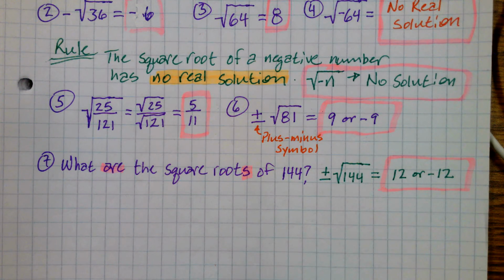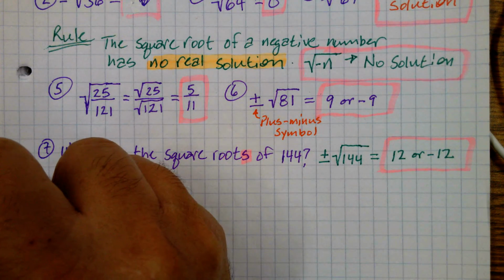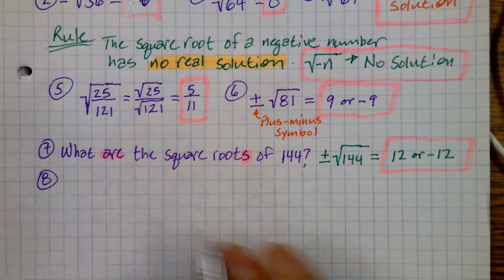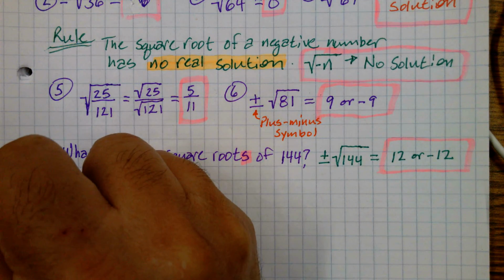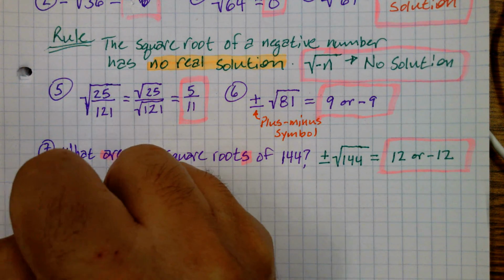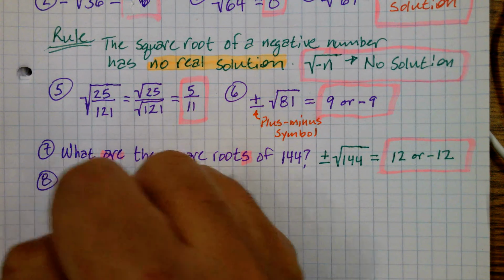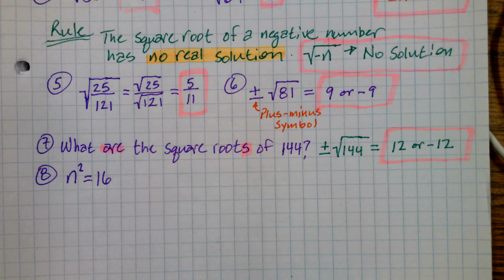Okay. The other possibility is if this is in an equation form. If you're asked to answer an equation like this. Some number squared equals 16. If they ask you to solve an equation, when we solve an equation, we want all the possible answers.